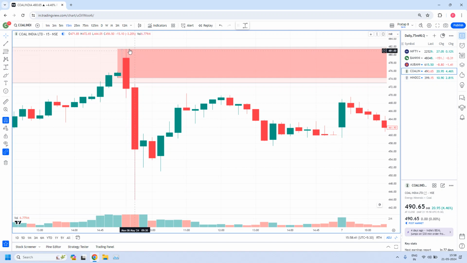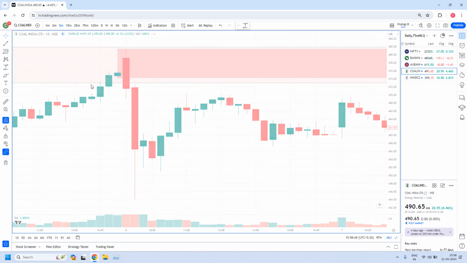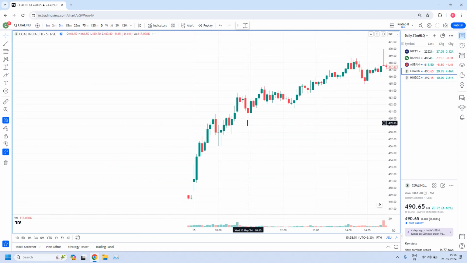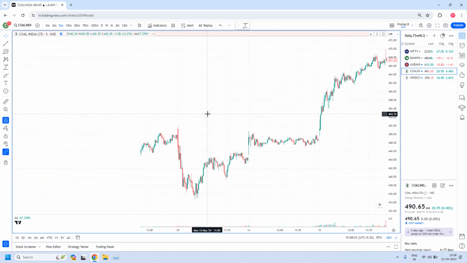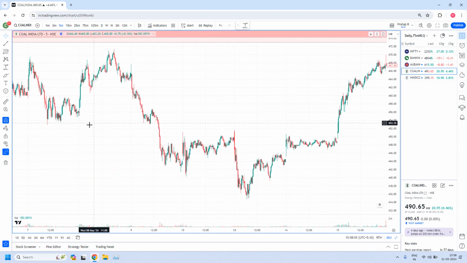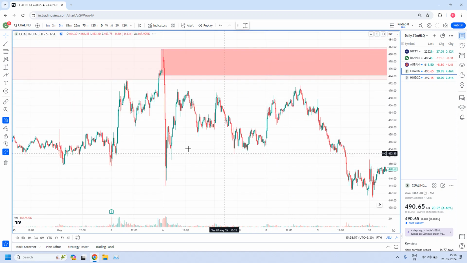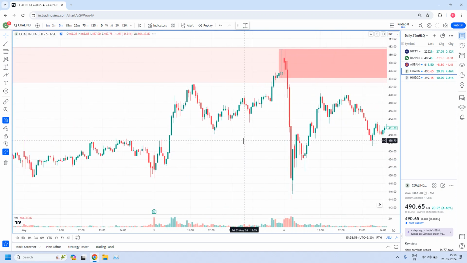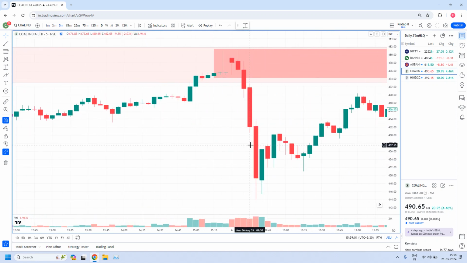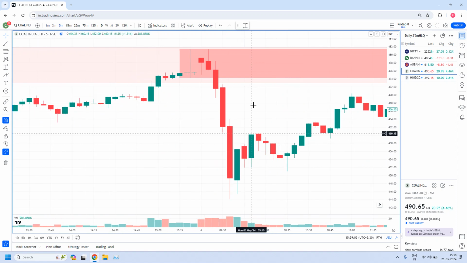But this is not a very good structure. Such kinds of zones may not have proper 5-minute structures. So let us get into the 5 minutes. Look into this 5-minute structure. We have a rally, a base candle.